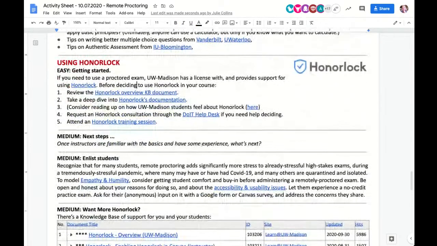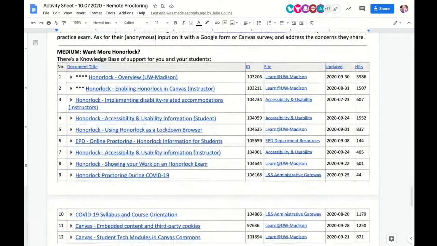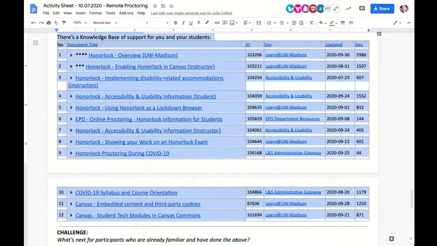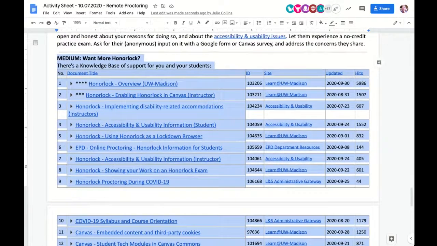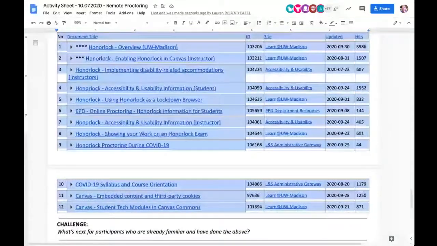So if you've got questions about Honorlock, in addition to the many, many knowledge base articles on Honorlock, which I've put here for you to click on and explore on your own, we've got folks who might be able to help you out with that. Okay? All right, and then some resources at the bottom.